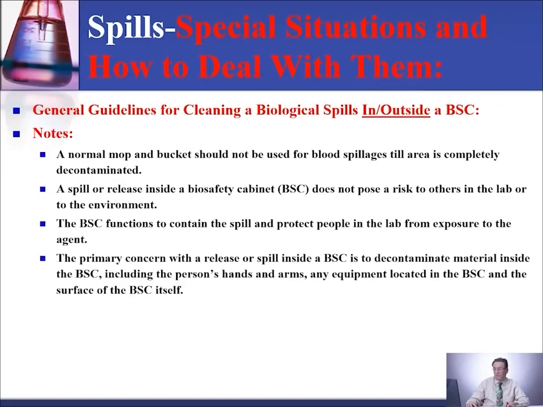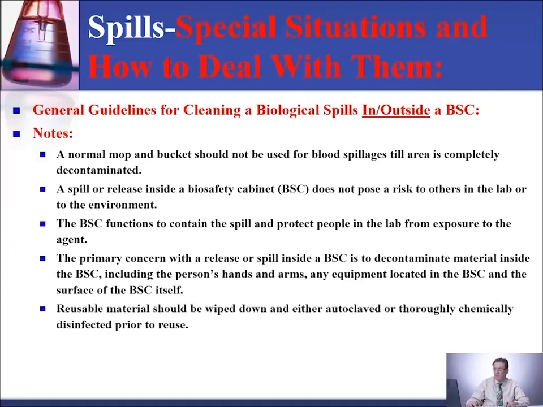A primary concern with a release or spill inside a safety cabinet is to decontaminate material inside the cabinet, including the person's hands and arms, any equipment located in the safety cabinet, and the surface of the safety cabinet itself.